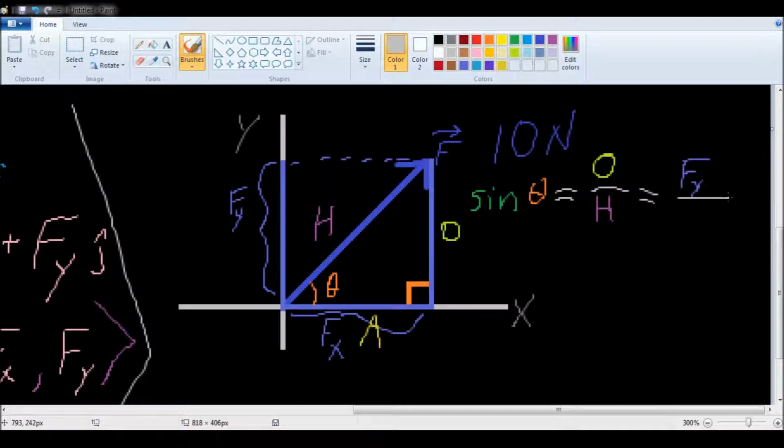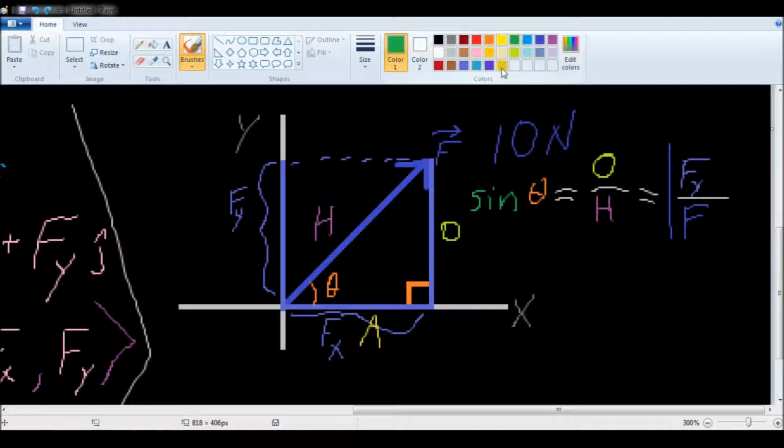That's going to be over the length of the hypotenuse, which is our 10 newtons, the magnitude of F. I'm just going to write that as F, the magnitude of our force vector. So this will be our sine theta.